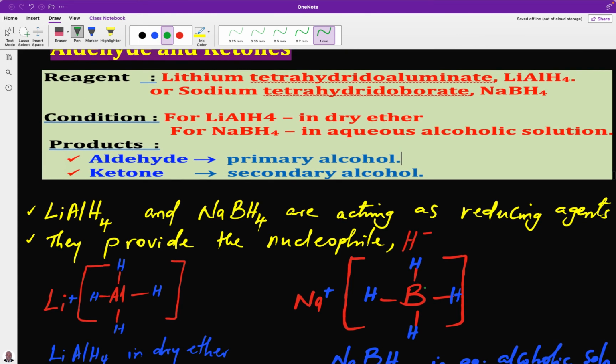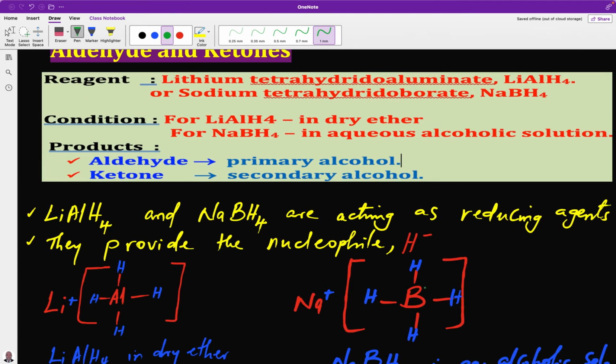I said these two reducing agents are acting to provide the nucleophile.